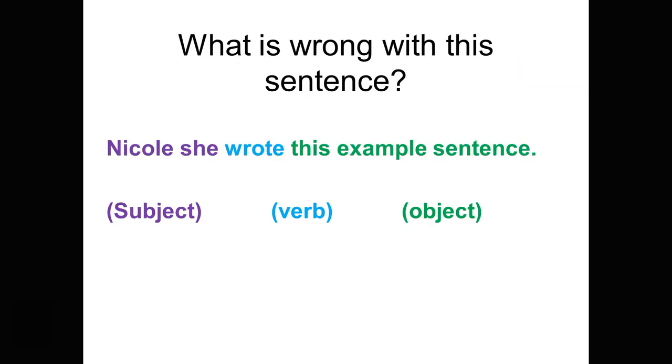So what is wrong with this sentence? Nicole, she wrote this example sentence. There's something that's not right. I'm going to pause here, have a think about what might be wrong with this sentence.